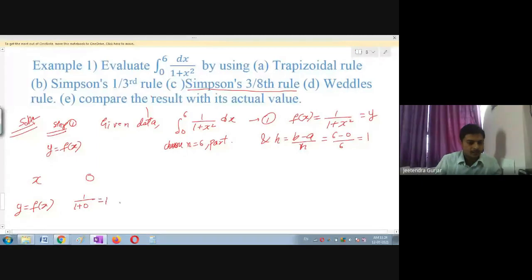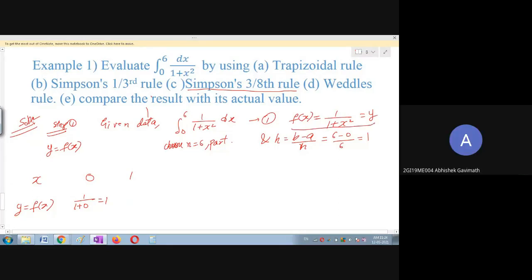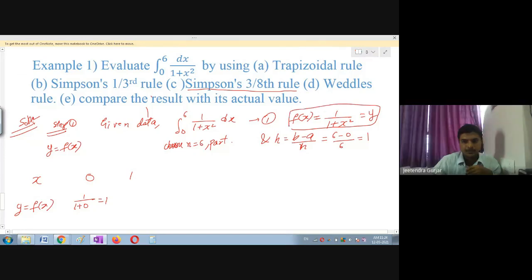Is it clear? Now substitute 1 and tell me what is the answer fast. 1 by 2. I want the approximate value, therefore 0.5 is the correct answer. Very good. Beta, go for 2, please.